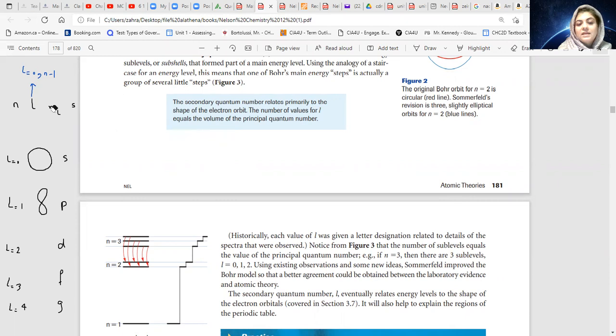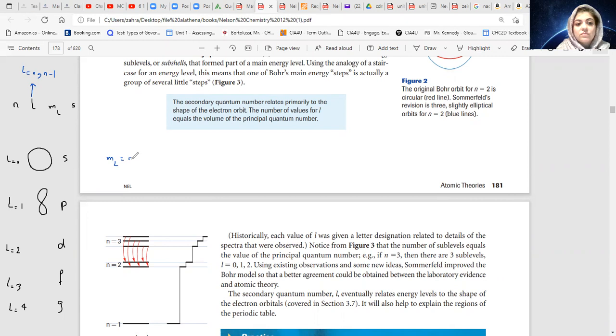How about m_l? m_l is orientation. For example, when l is 0, m_l has just one orientation. You look at the sphere from any angle, and it looks the same.